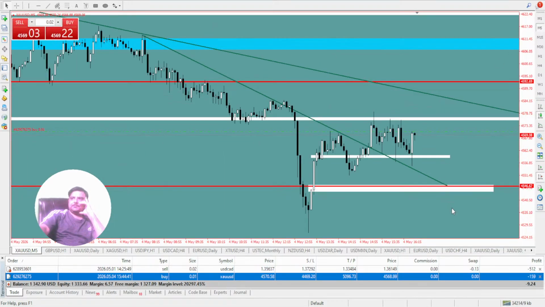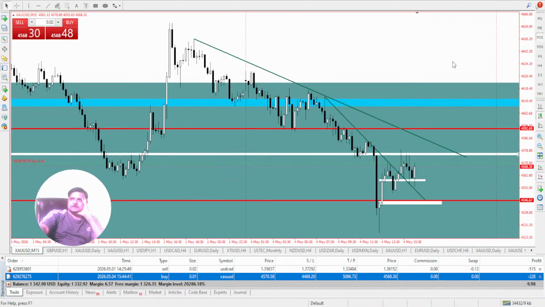My friend, very big bullish candle on the 5-minute. But still the bulls cannot do anything at this stage. It looks like it's crashing to the top, but it can crash down as well.